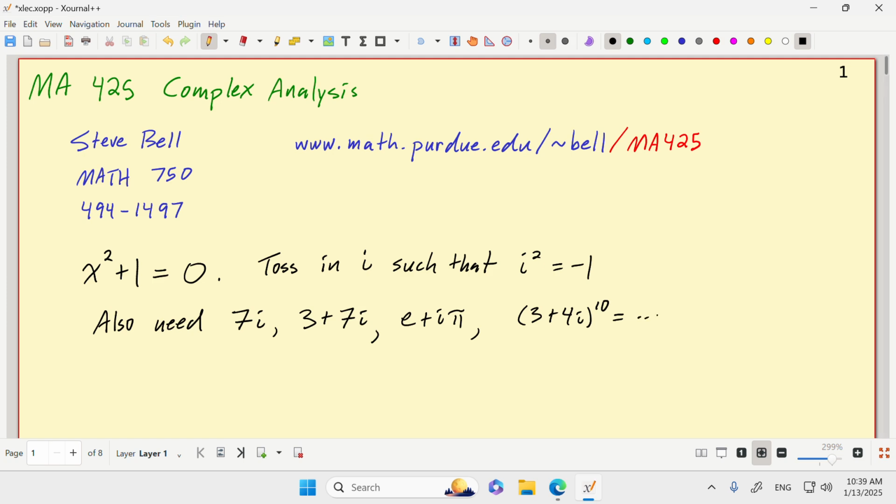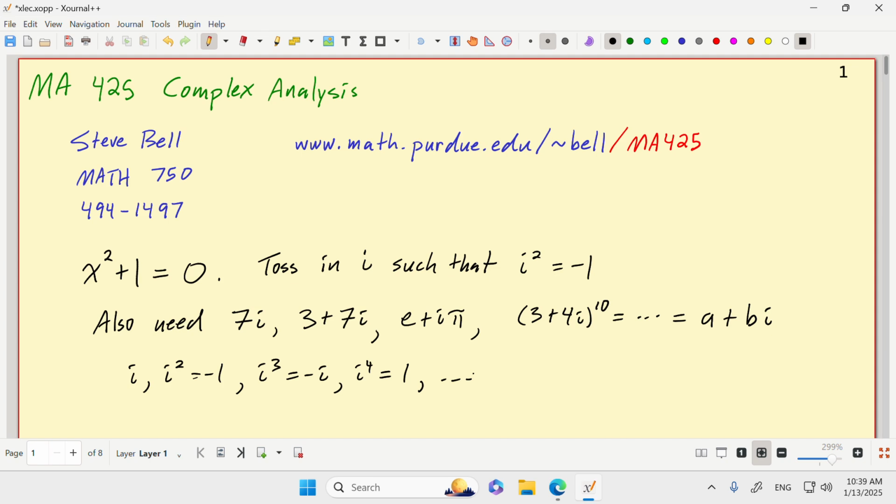So you expand that and play around with it and realize that you can always write things like that in the form real number a plus real number b times i. That's because you start out with i squared is equal to minus 1, i cubed is equal to minus i, i to the 4th is equal to plus 1 again, etc., when you expand that polynomial.